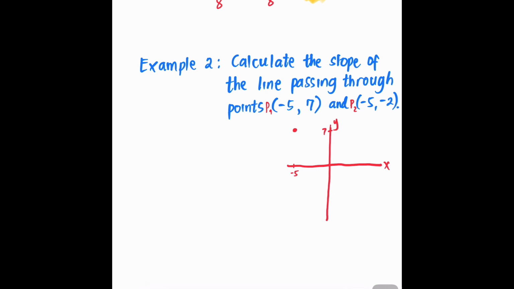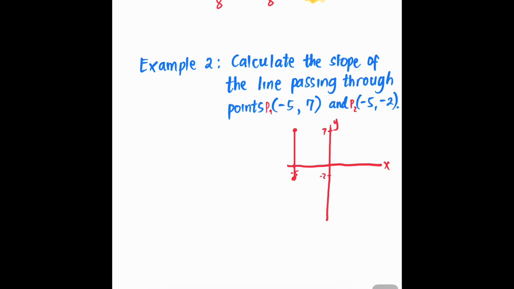So negative 5 and negative 2. For example, negative 5, and this is -2. So (-5, -2) is here. And it's actually a vertical line.